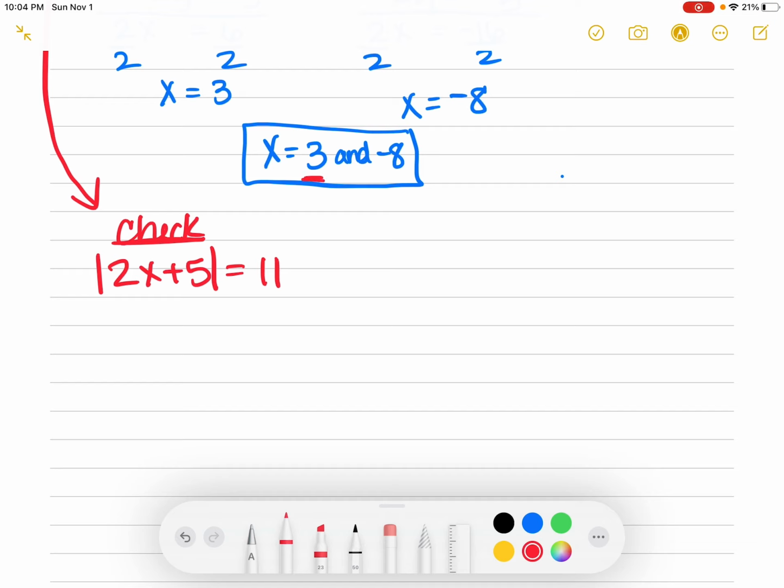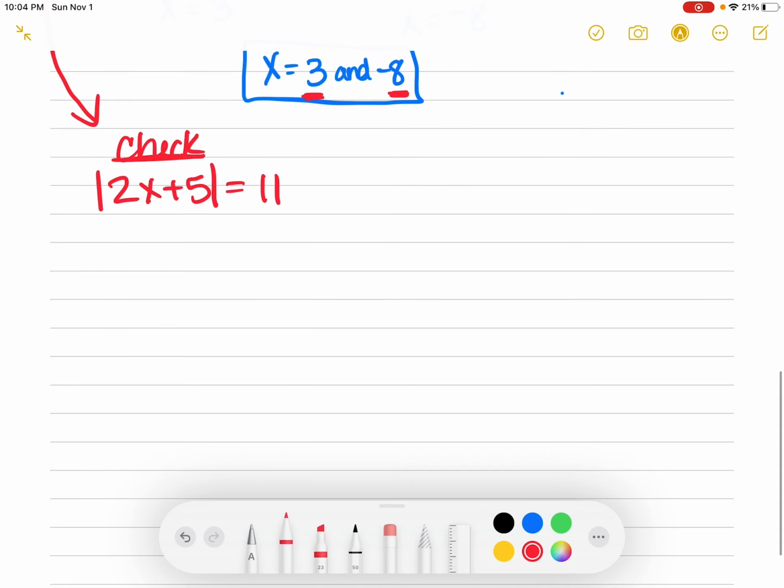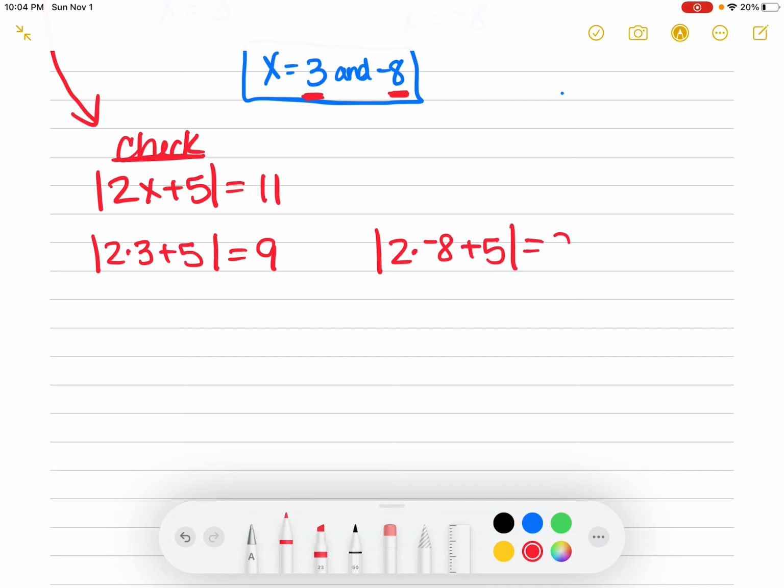And now I'm going to put the 3 in place and the -8. So I'm going to do 2 different checks, right? I'm going to have the absolute value of 2 times 3 plus 5 equals 9, and I'm going to have the absolute value of 2 times -8 plus 5 equals 9. Okay, so I'm going to do both of these. I'm going to start on the left. I have the absolute value of 6 plus 5 equals 9.